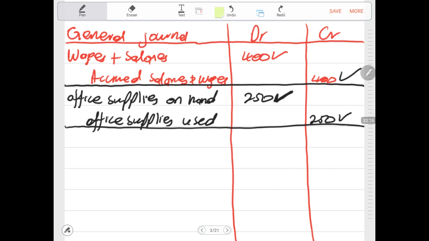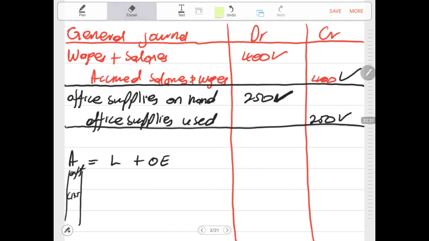Now, let me just give you clarity on this so that I don't leave it hanging. Maybe you might think, why am I not doing this? Remember, if this is an asset, at the end there is supposed to be a column under assets. And that column will be office supplies inventory. Therefore, the 250 will be negative. It will be negative 1,350.